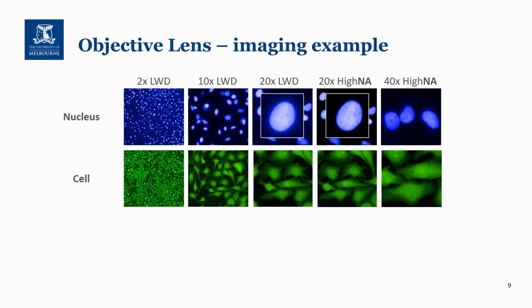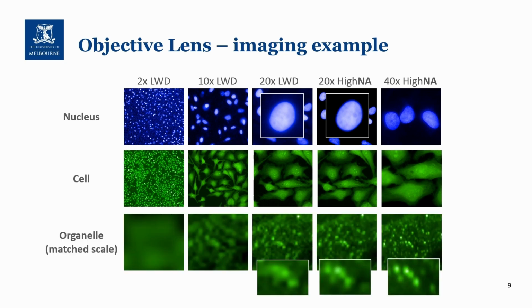You can also see this effect when we look at the cell body, which is this middle row. The most conclusive demonstration of the importance of choosing the correct lens is when we look at the organelles. Here, the scale has been matched for each objective, and it is really only with the high numerical aperture objectives that we can resolve individual organelles.